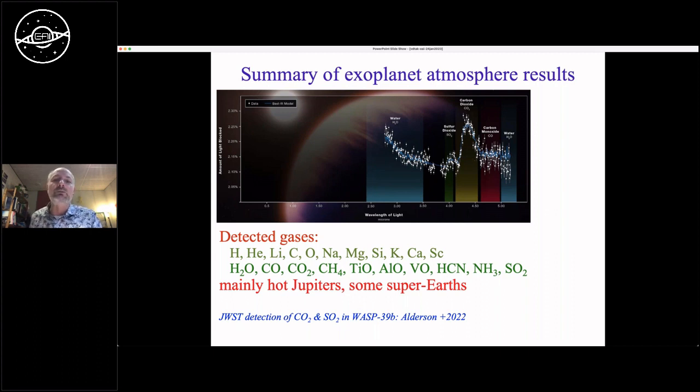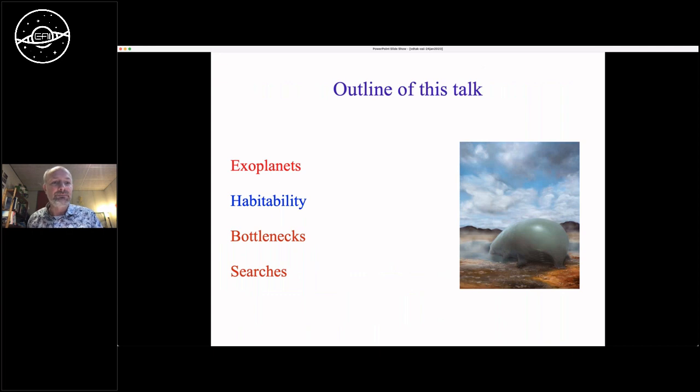I think these were already known, but what is especially new about this spectrum is the big signal here due to carbon dioxide, and the somewhat smaller signal here due to sulfur dioxide. So these are the first new additions to this list that James Webb has brought us.